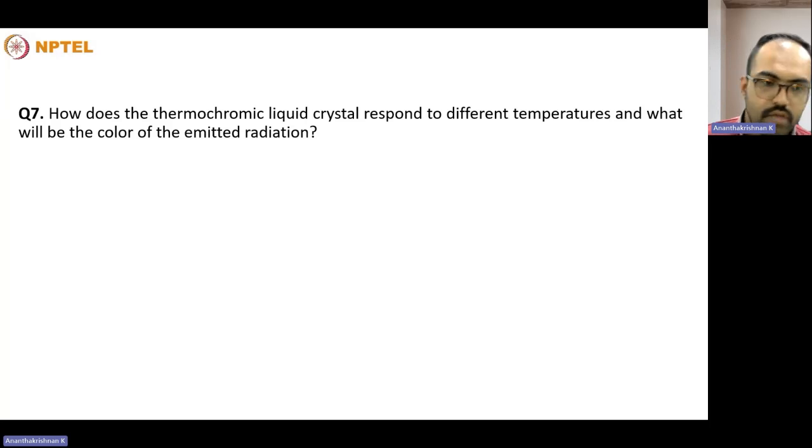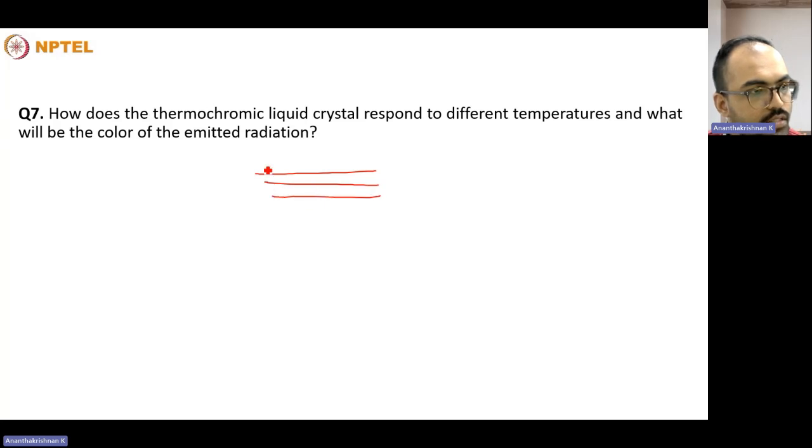For example, if I try to draw it, if the material is hotter, the liquid crystals will be closer to each other.